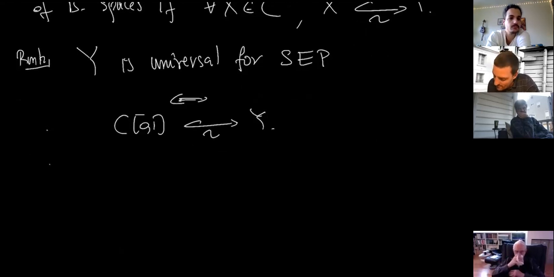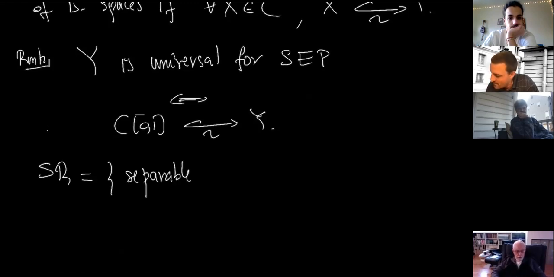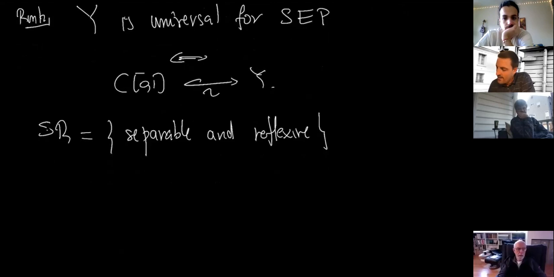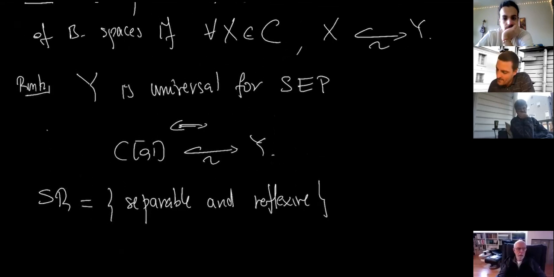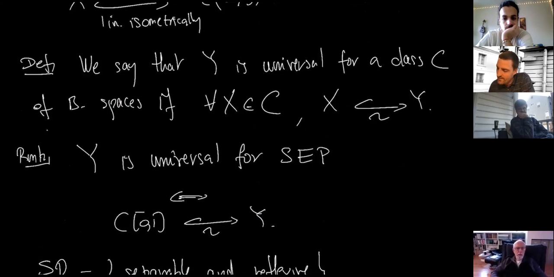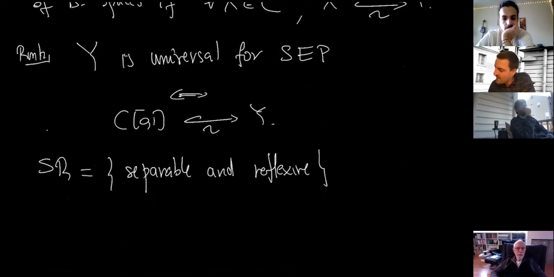I will denote by SR the following class: the class of separable and reflexive Banach spaces. I think I said it already, but you have a universal space for the class Sep that belongs to the class, since C of 0, 1 is separable.